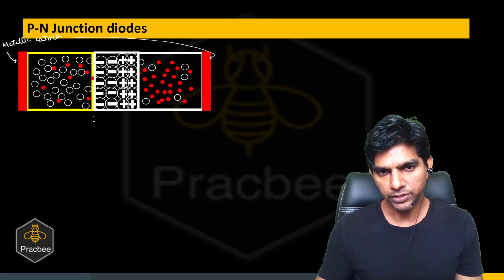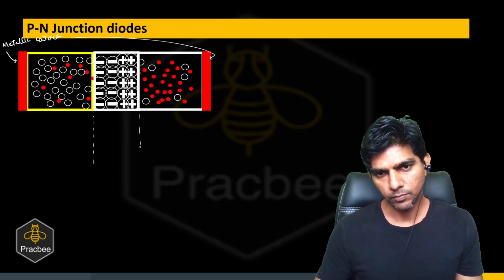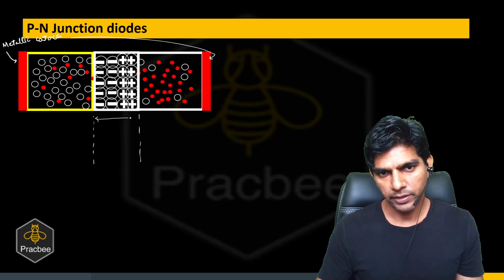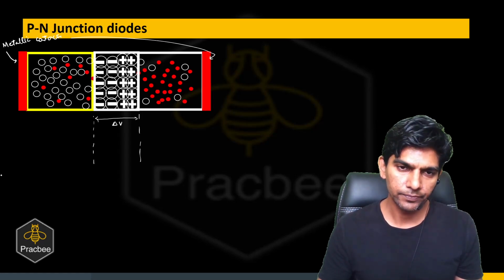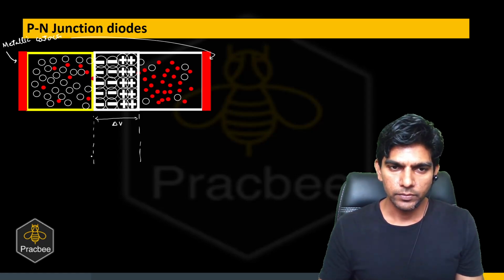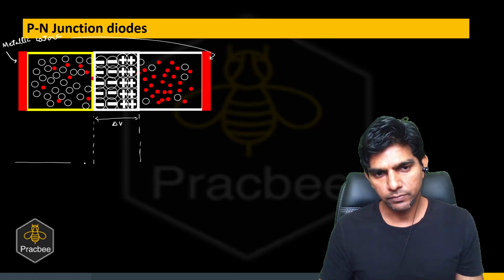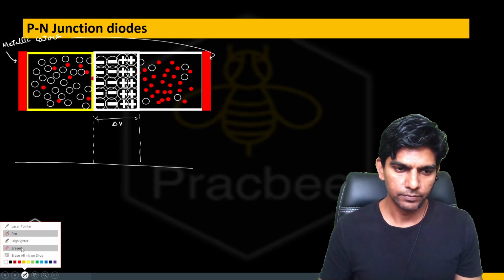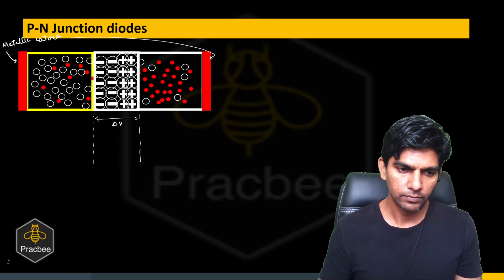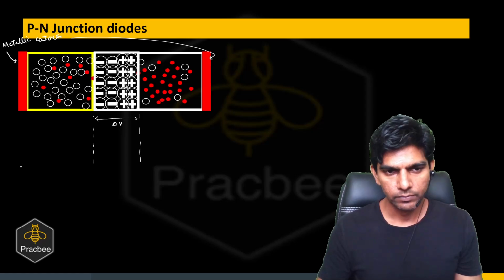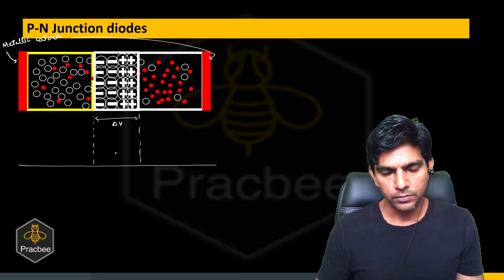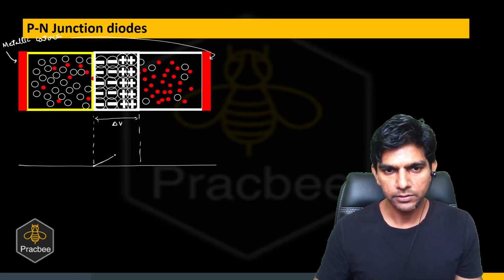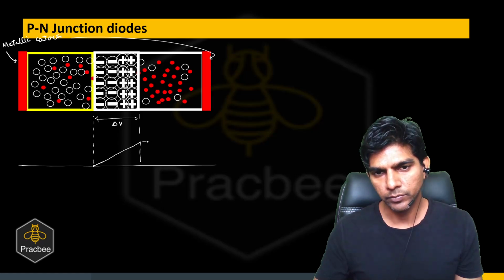So there will be some potential difference at the ends of the depletion region, right? So let us say this is delta V. Now, if I show this on a graph, let us say at the P side the potential is 0, and then it increases, and then it stabilizes, right?